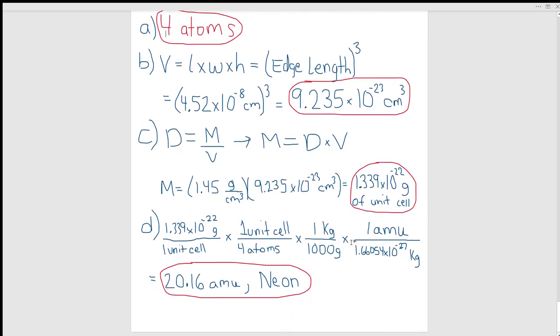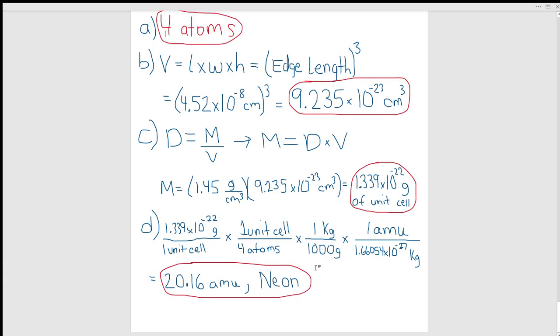To get our units of grams to kilograms, we divide by 1,000, because 1,000 grams is equal to 1 kilogram. And the last piece in our dimensional analysis is converting it to AMU. So as given to us in the problem, 1 AMU is equal to 1.66054 times 10 to the negative 27th kilograms.